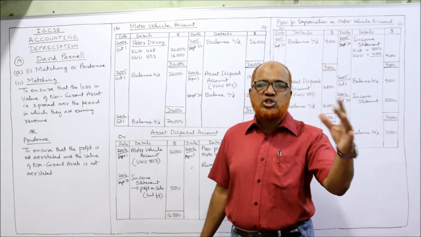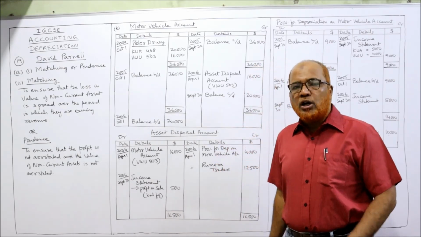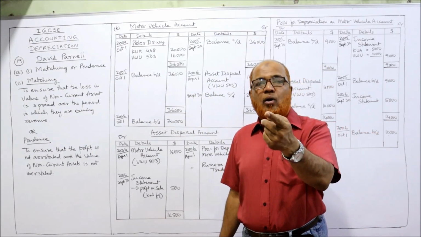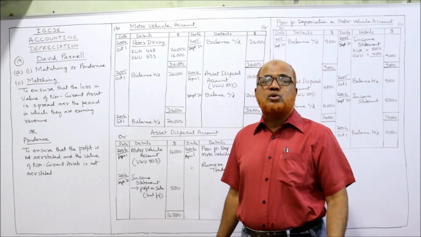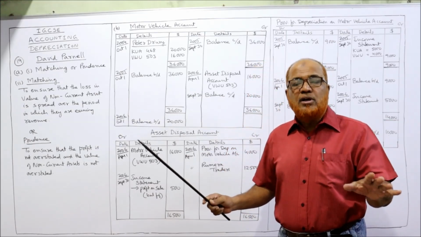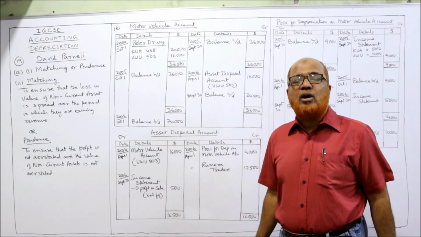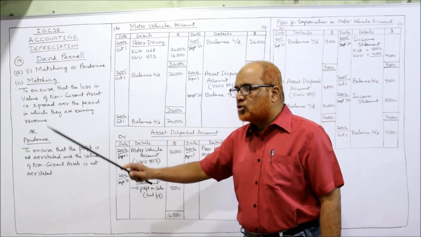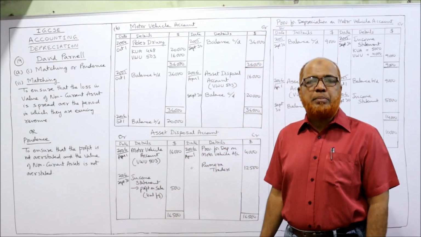It's a non-cash cost. If we do not provide depreciation, our profit will be overstated, and the non-current asset will also be overstated. So not to overstate the profit and not to overstate the non-current assets, we have to provide the depreciation. That is according to the prudence accounting principle.